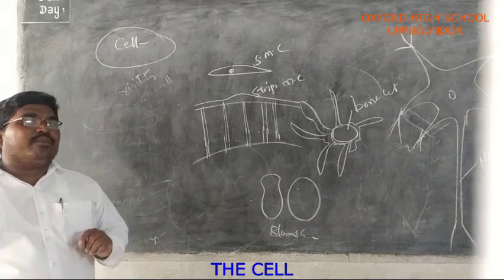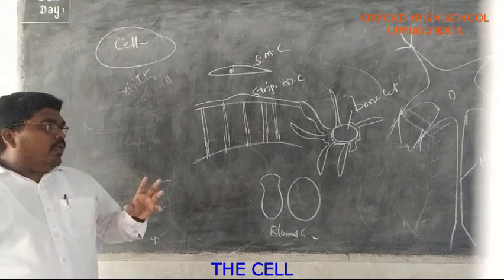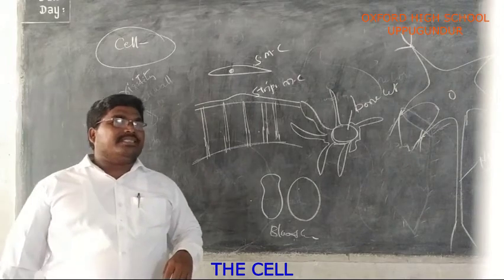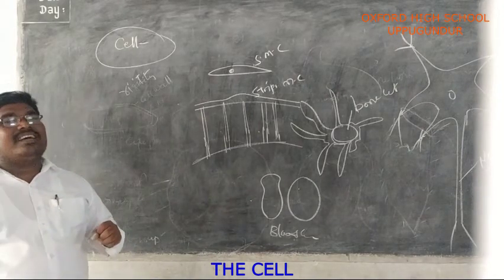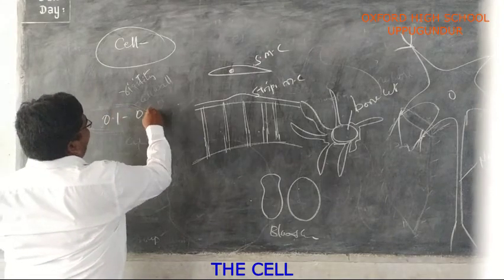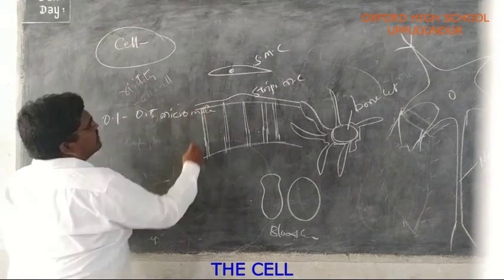Some of the cells are very small, even not visible to our eyes. For example, the cells of bacteria are 0.1 to 0.5 micrometers.